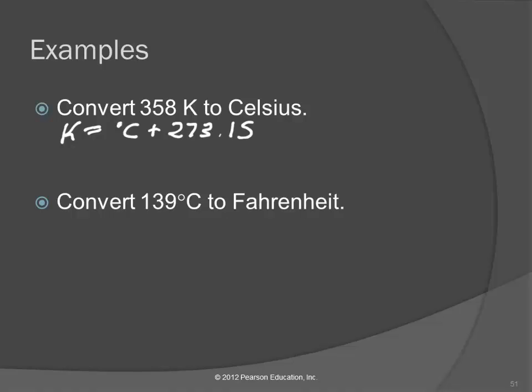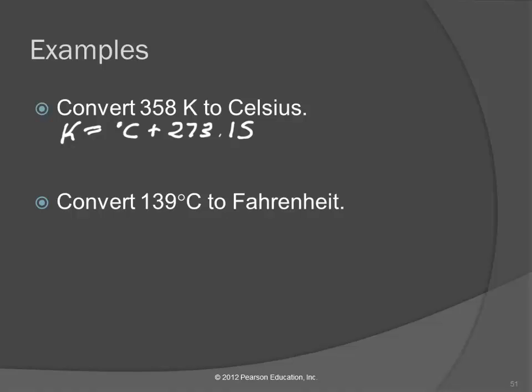And with these equations, this is one of the rare situations where you shouldn't bother putting the units into the equation because they're not going to cancel out. So we're starting with Kelvin. We need Celsius. We need this equation to say degrees Celsius equals something.